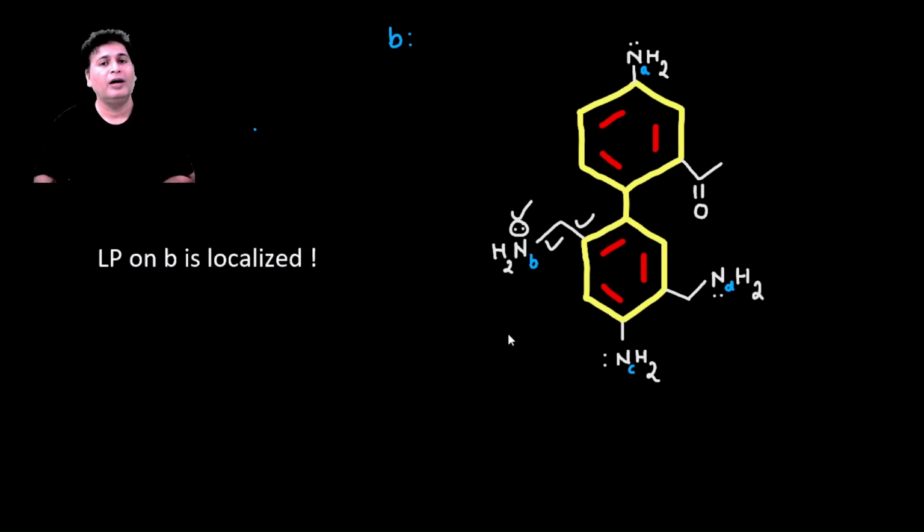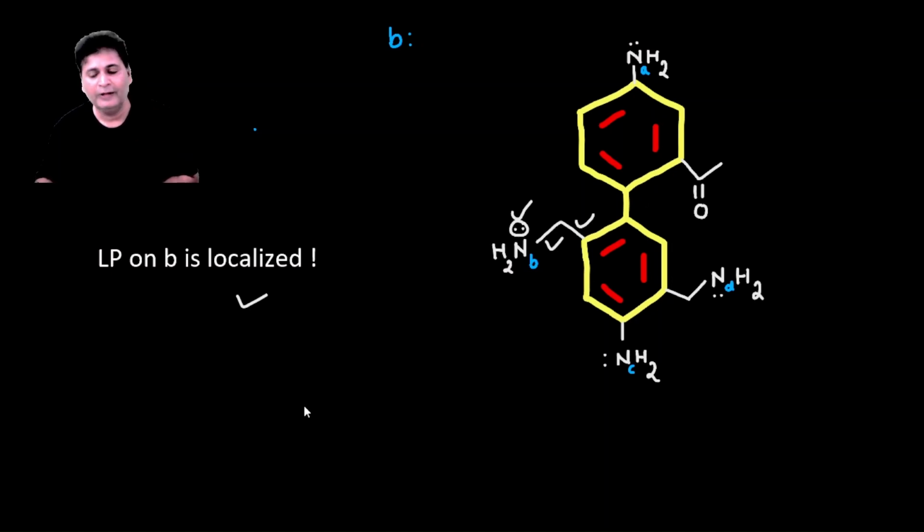And this is not a condition for resonance or for conjugation. So you can be assured that this lone pair on B is going to remain localized and is good for the basicity of nitrogen, because the more electrons it has, the higher will be its tendency to give, and therefore basicity will be higher.